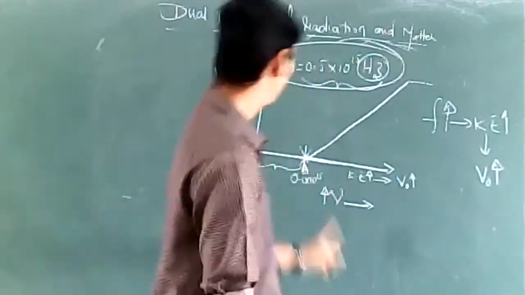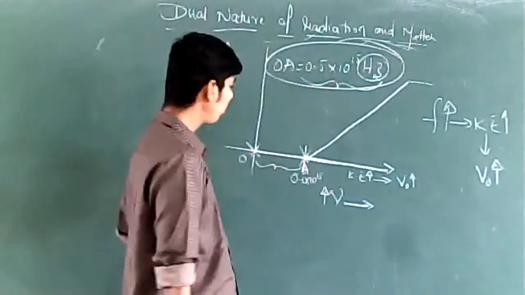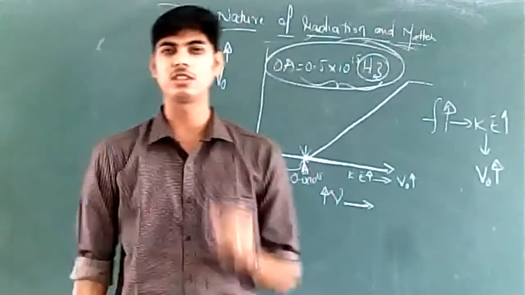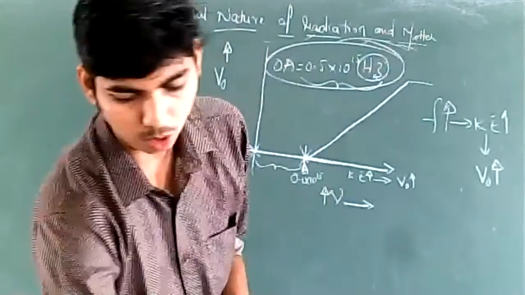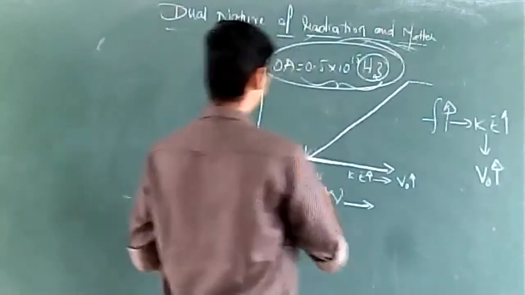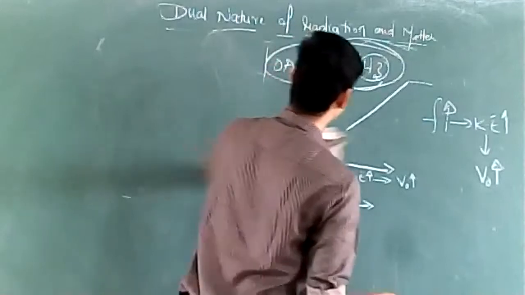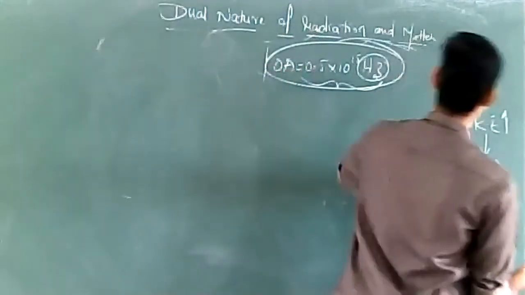So this particular frequency of incident light, below which photoelectric emission doesn't take place, is called the threshold frequency. So they have given us the threshold frequency. They have also given the energy of photon. What is the energy of photon?